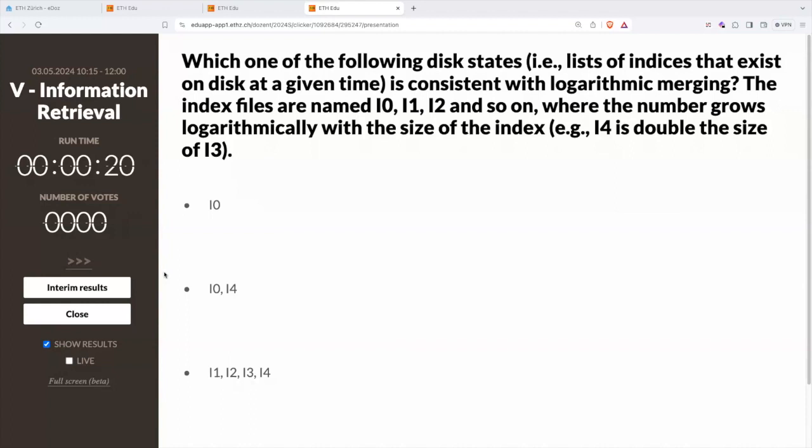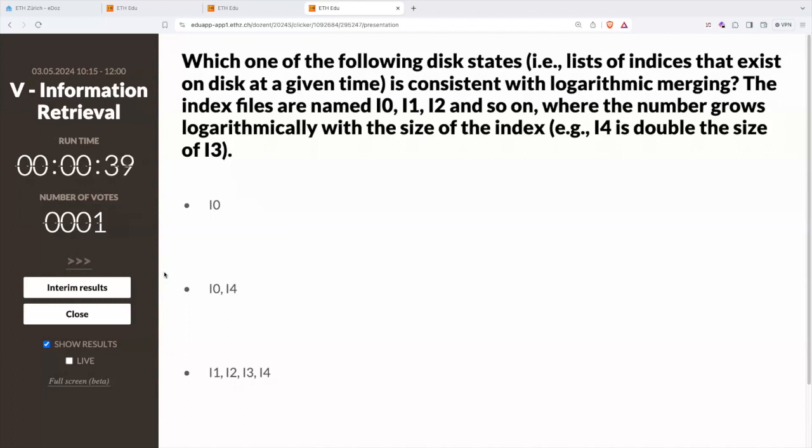If you call them I0 for the standard size, I1 for double the size, I2 for quadruple the size, and so on, and you observe the system over time and look at what files are currently there, among these possibilities, what are possible states?